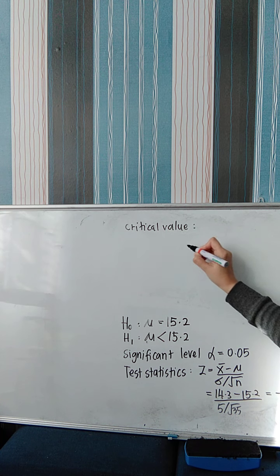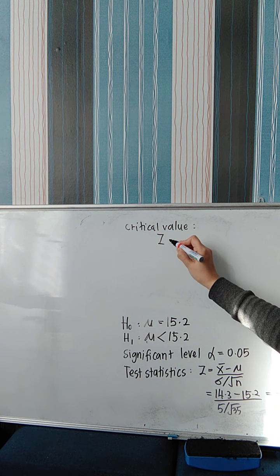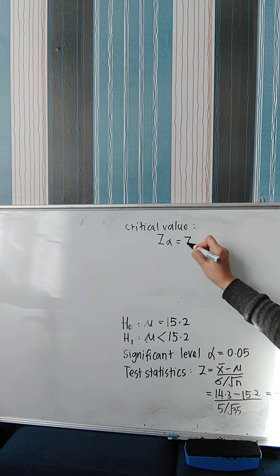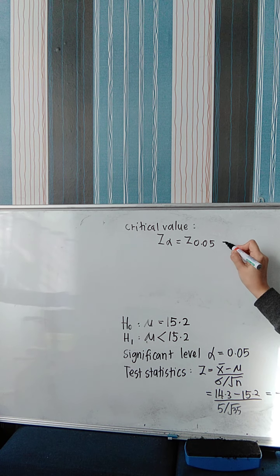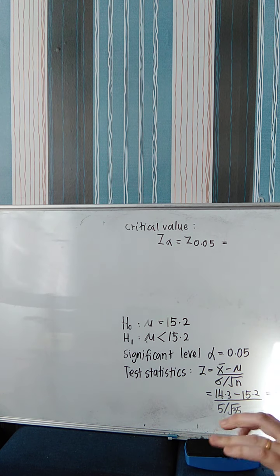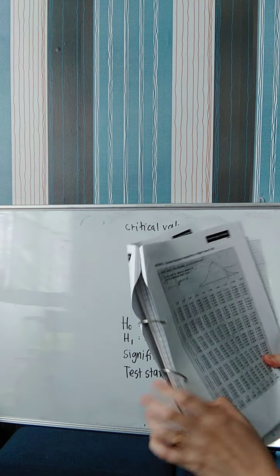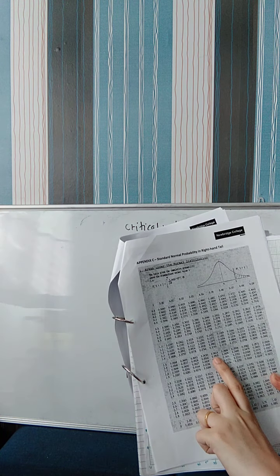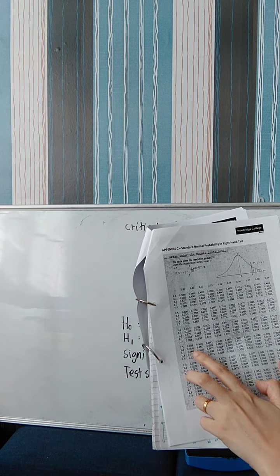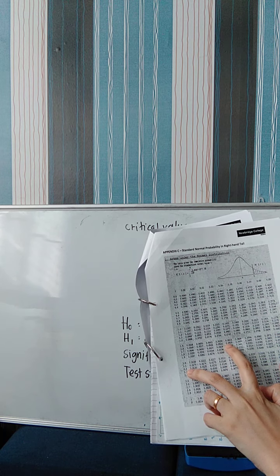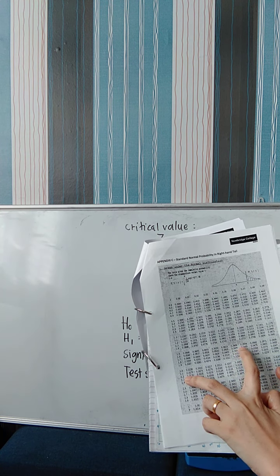For this situation, the critical value is z alpha, so z 0.05. You need to find the value 0.05 in the table. When you refer to the table, 0.05 is approximately between 0.0505 and 0.0495.